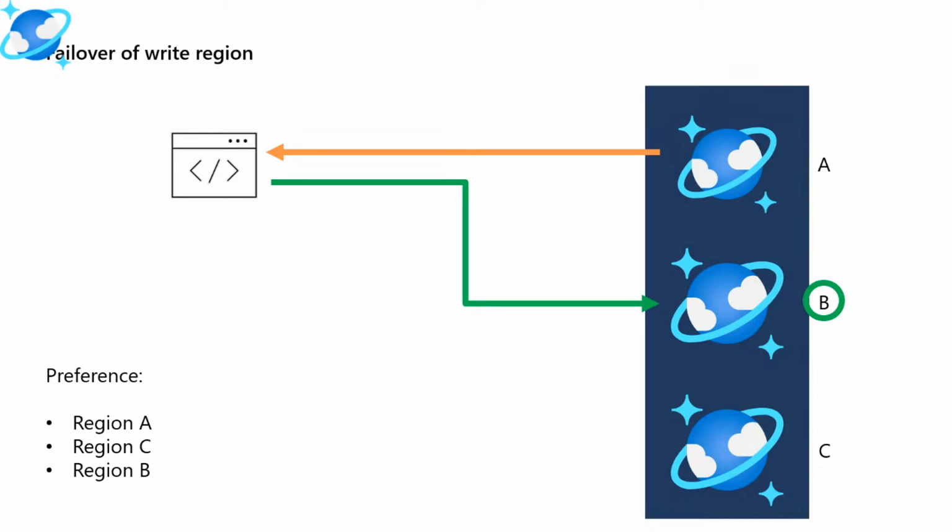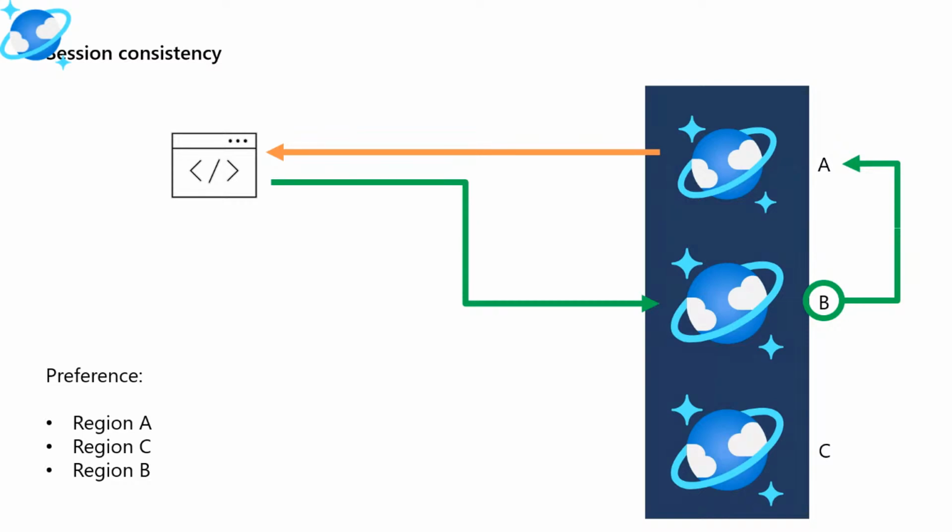Note that region B, in this case, is not the second one of my preference list, but because this single write region account doesn't have any other write region, there isn't any other alternative. So my writes will start from that point onward to go to region B, but my reads can still honor the regional preference. They can still be served from region A because region A is still a read region.